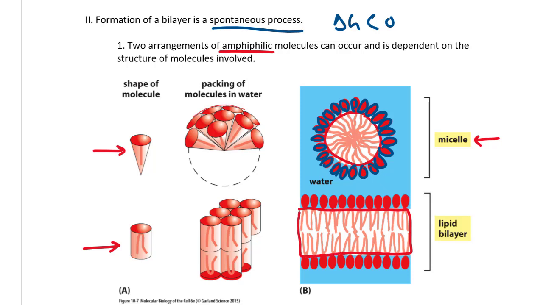Away from solution. So water is minimizing its interaction with those tails by shoving them into the middle of the lipid bilayer. And all the heads that are hydrophilic are facing solution, happily interacting, forming hydrogen bonds with water, ionic bonds, and so on.